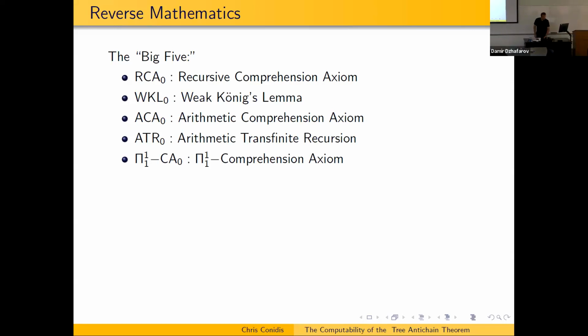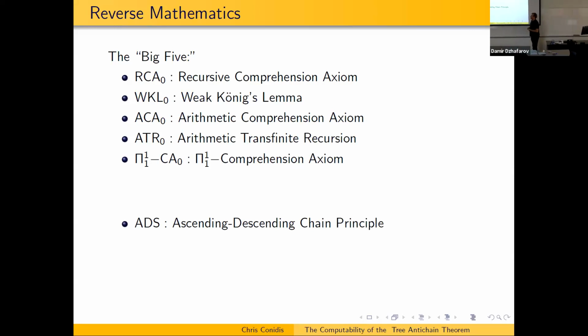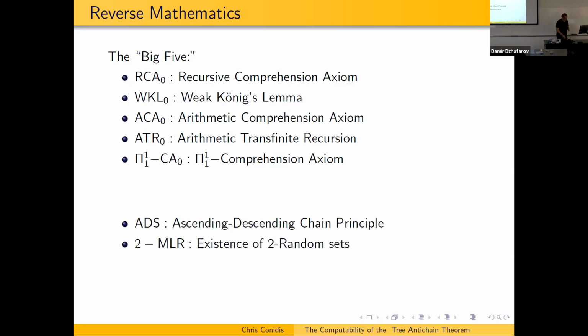Some other ones that I just kind of want to mention, these are maybe more relevant to what you've been thinking about over the last week or so. ADS is the ascending descending chain principle that just says if you have an infinite linear order, then it has either an infinite strictly ascending chain or an infinite descending chain. 2MLR, which is the existence of two random sets. This is like saying certain sets of certain complexity of measure 1 are non-empty.